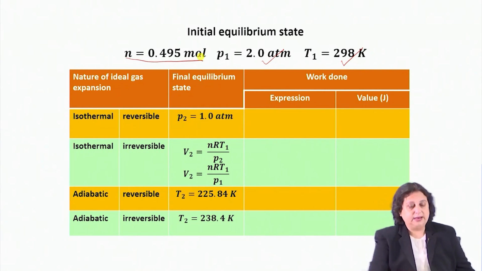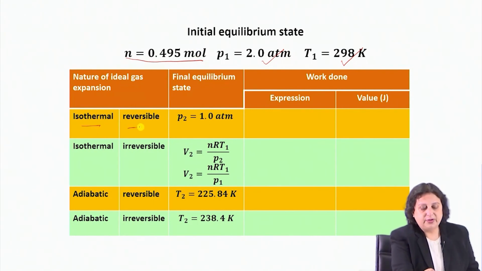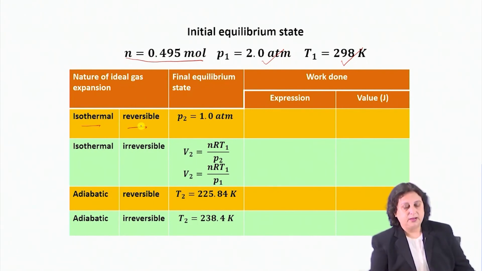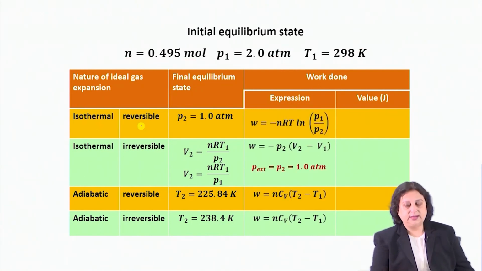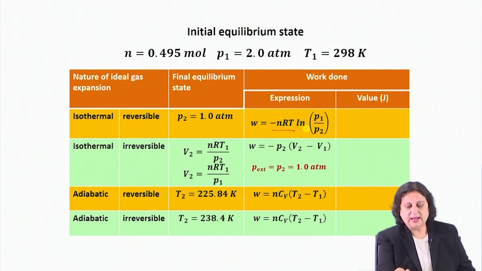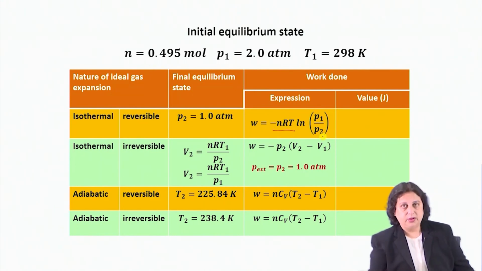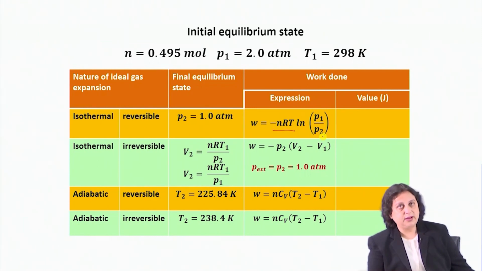So when I am looking at isothermal reversible expansion, the expression that I require is W equals minus nRT ln P1 by P2, where I have replaced V2 by V1 with the corresponding values of P1 and P2.